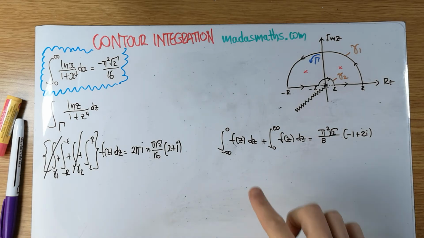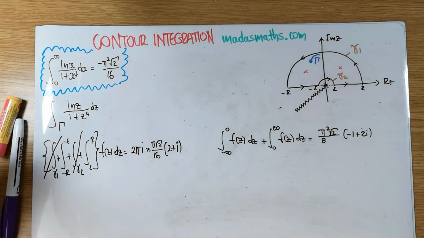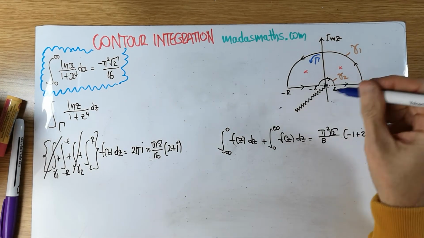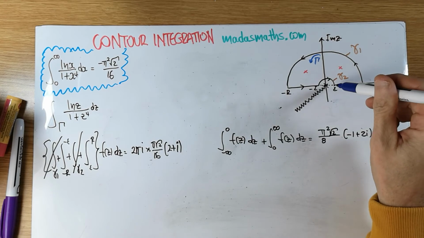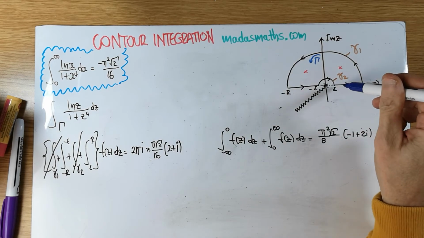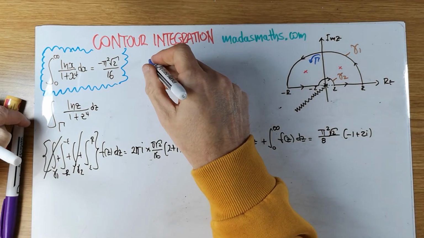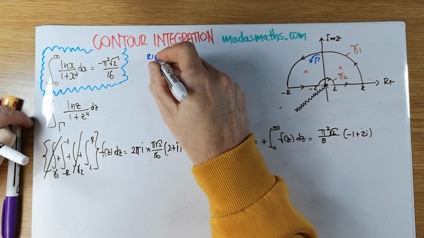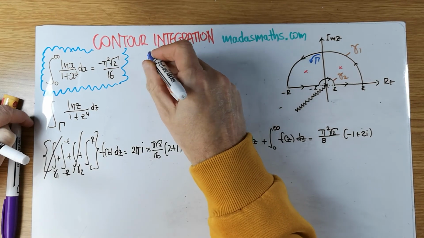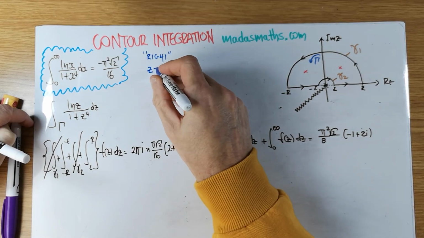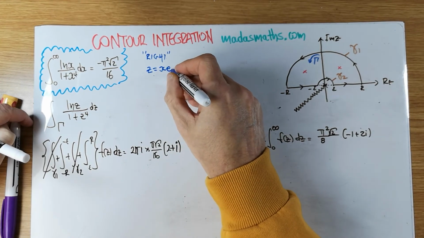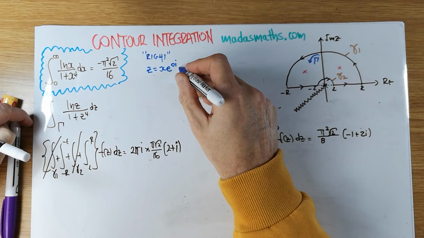Maybe I should just write it on the top and then afterwards carry it at the bottom. If you look at this particular segment, that's the 0 to infinity. So that's where epsilon went to 0 and now goes to infinity. So if we look on the right, z is x e to the 0i, which of course is x.